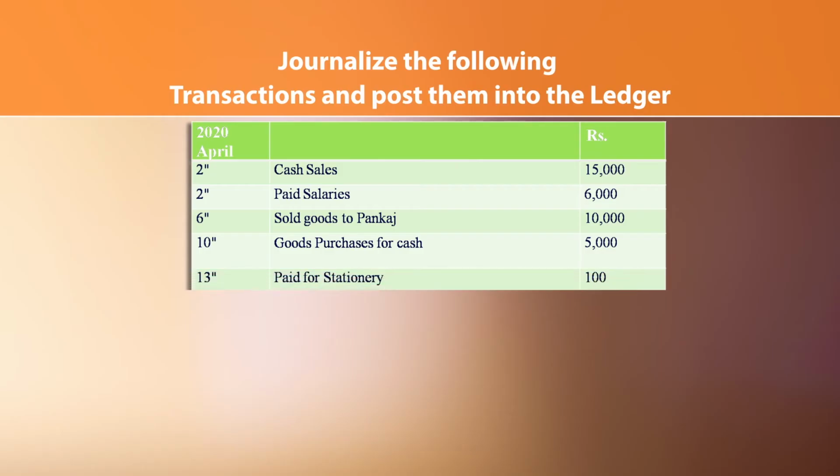Then the next one is paid for stationery. This is the transaction which has been made on 13th of April 2020, paid for stationery rupees 100. So here we have paid rupees 100 for buying the stationery. Again two accounts are affected.